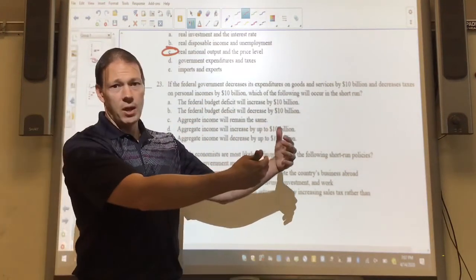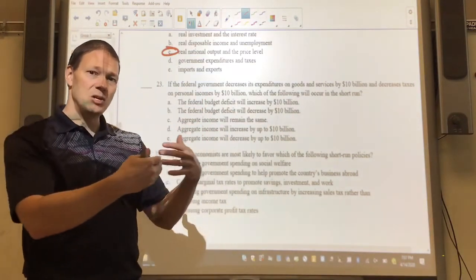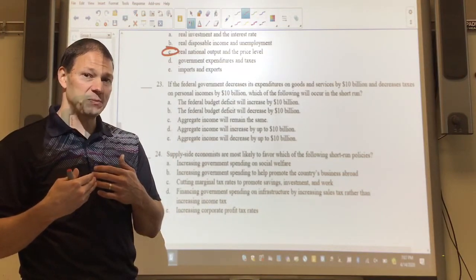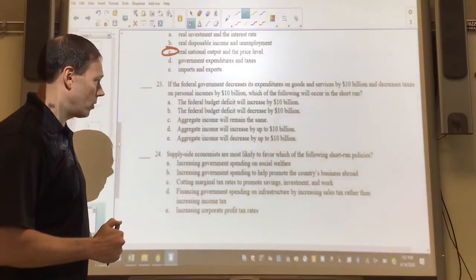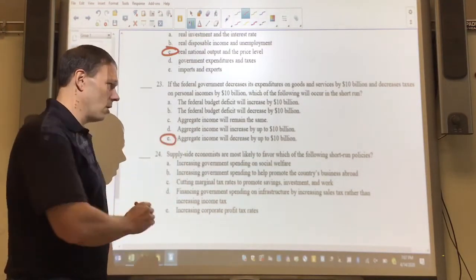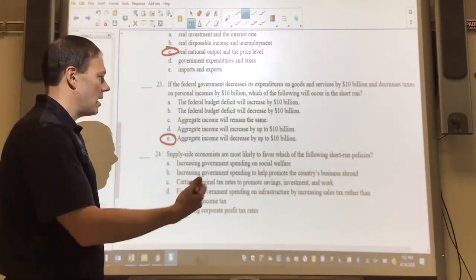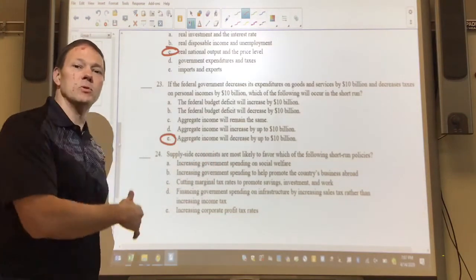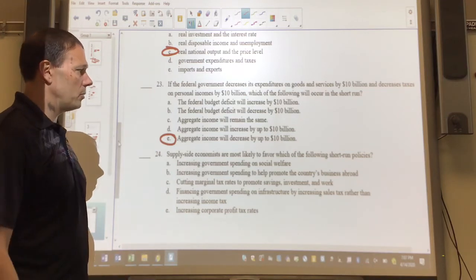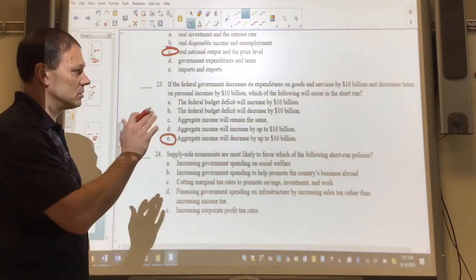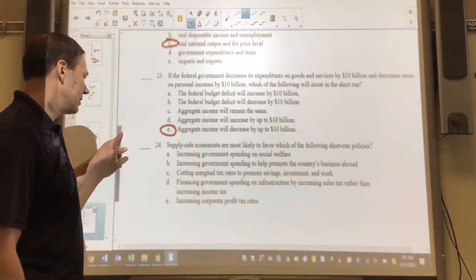So in other words, the GDP is going to decrease more because of the spending cut than it's going to increase because of the tax cut. So what we know is that aggregate income, or GDP, is going to decrease by something up to 10 billion. We don't know the MPC, so we don't know exactly how much, but it's not going to cancel out because the spending has a greater impact than taxing does.